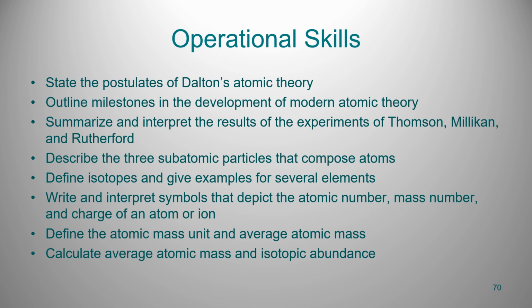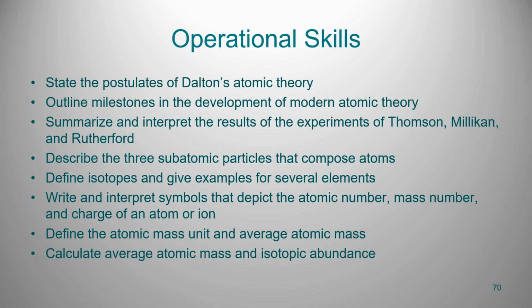So let's look at what you need to know for this chapter. It's a long chapter, lots of operational skills, what you should be able to do at the end. So you should know the postulates for Dalton's atomic theory and what they tell us. Be able to kind of go through the modern atomic theory. So basically the names and what they discovered.